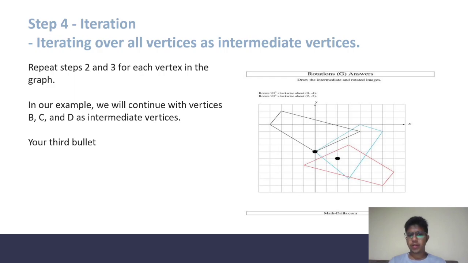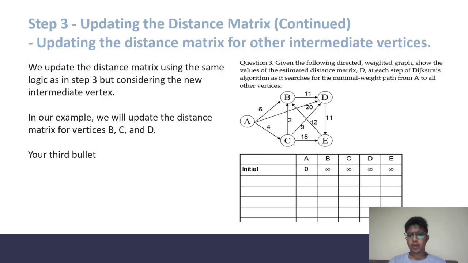In our example, we will continue with the vertices B, C and D as intermediate vertices. We update the distance matrix using the same logic as in step 3, but considering the new intermediate vertex.